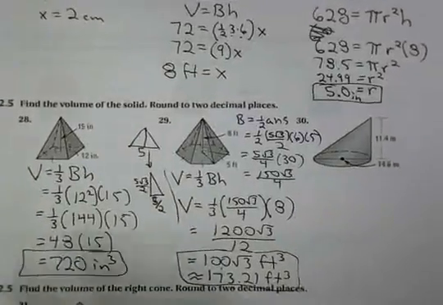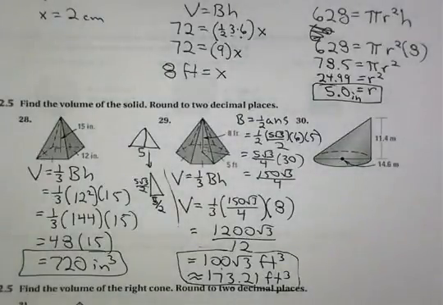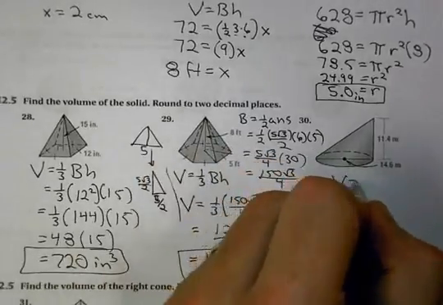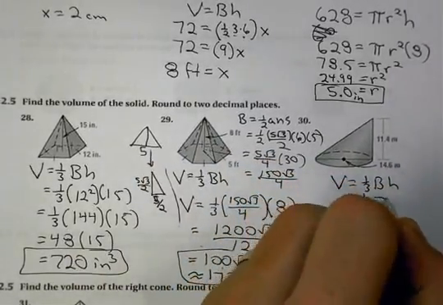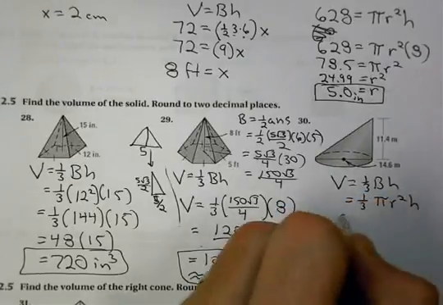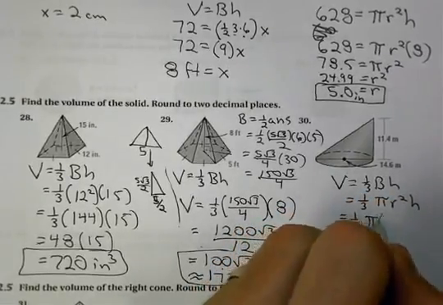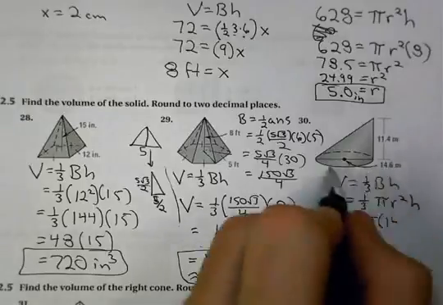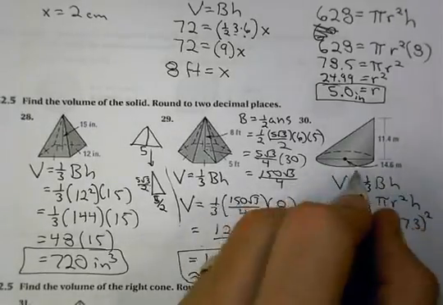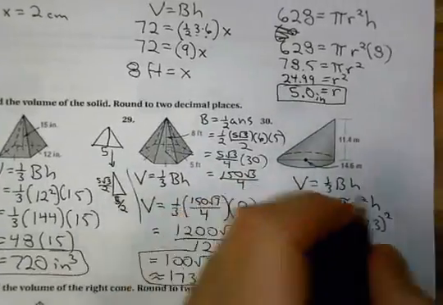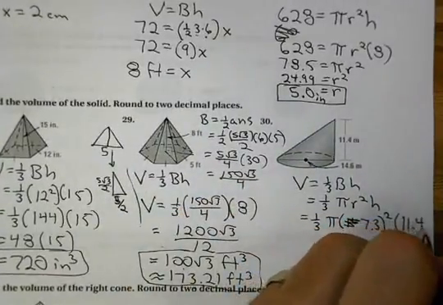Okay, number 30, this is a shifted cone. That doesn't change the fact that the volume will still be the same idea. We're going to have 1/3 base area times height, but our base area is pi r squared times height. So that's 1/3 pi times, well, we're not using 14.6. We want to use 7.3 squared, because that's the diameter. We want half of it, times 11.4.